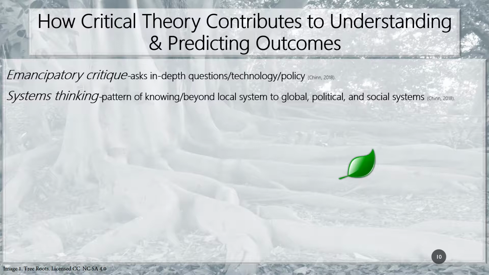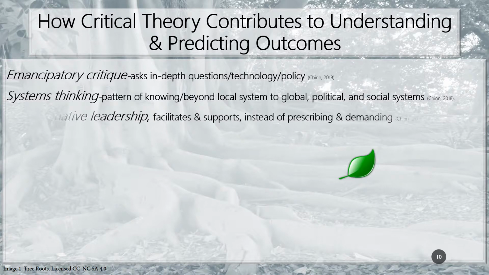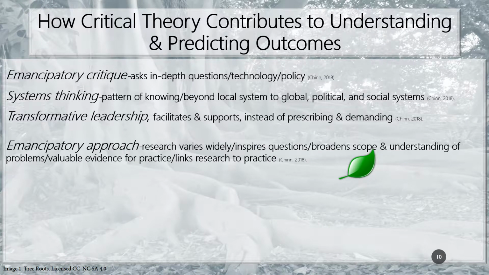Systems thinking is considering the whole, recognizing patterns and making changes, and using transformative leadership, which facilitates and inspires transformation and quality. The emancipatory knowledge generation asks deep questions, inspires people, and strives to understand problems and gain valuable evidence for practice. It also links research to practice.